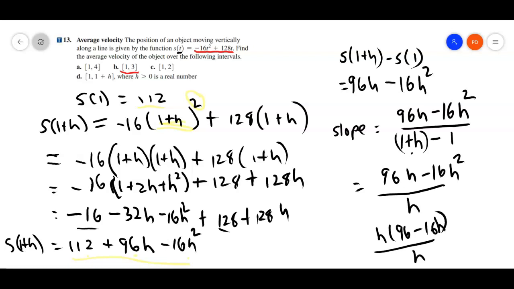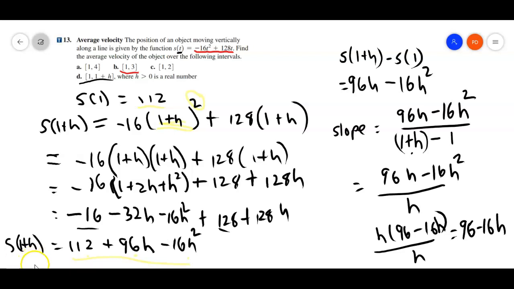You still get 1h, and you will get 96 minus 16h. And what you see later on when you do limits is as h gets really, really small and these 2 points get really close together, as h gets about to be 0, it turns out the slope of that secant line is 96. That's the conclusion you can draw.